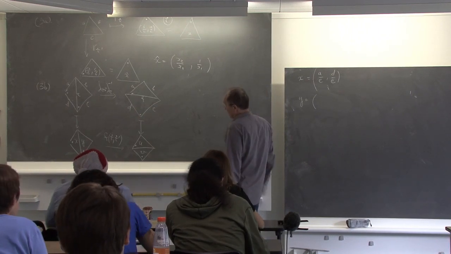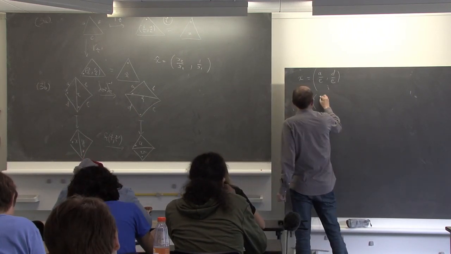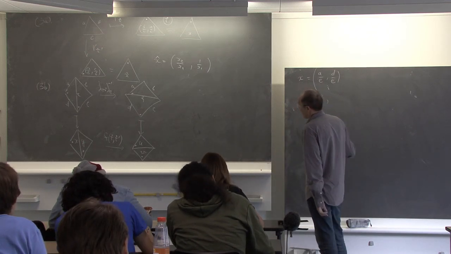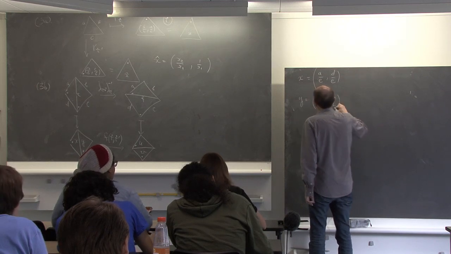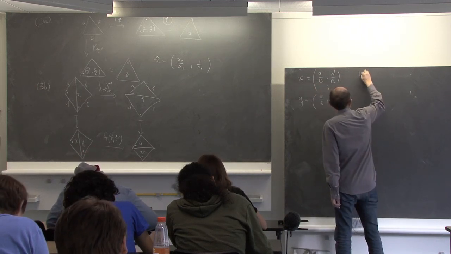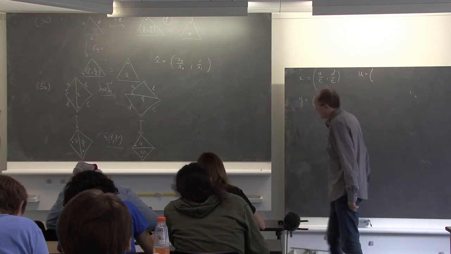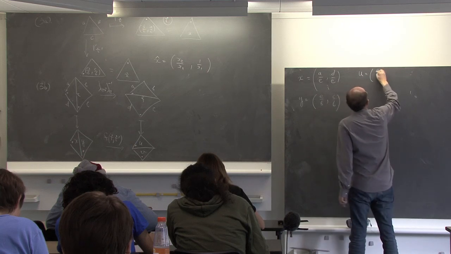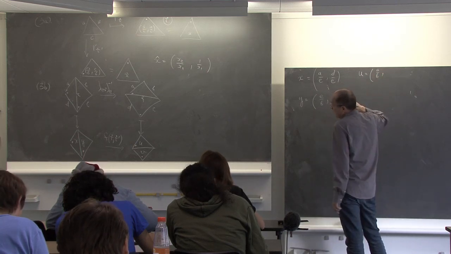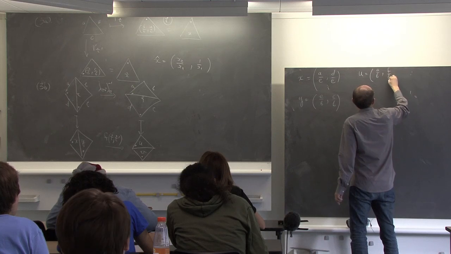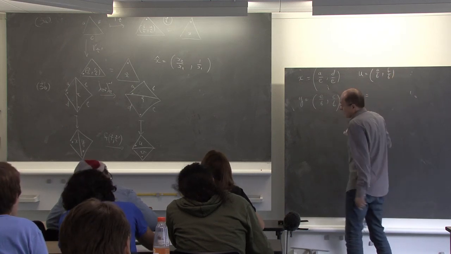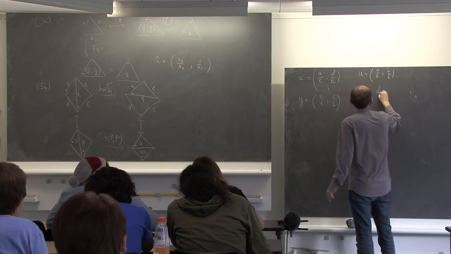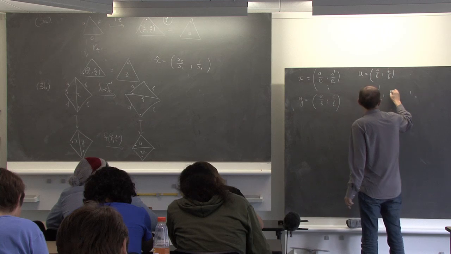Y is going to be e over b and c over b. Now we calculate u. U is going to be a over b and f over b. And v is going to be d over f and c over f.